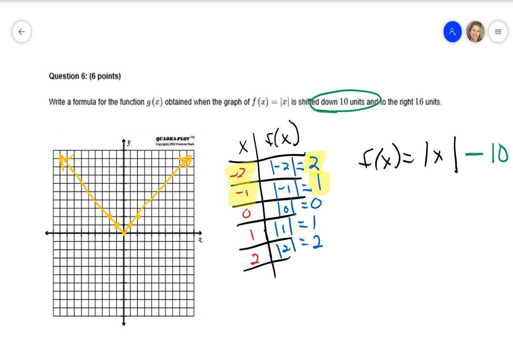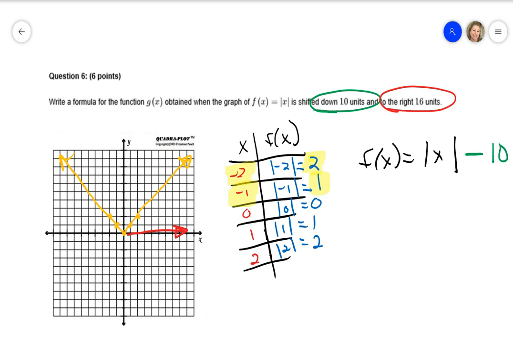Where it gets a little weird is when you shift it from right to left. If you want to shift it to the right, in my mind I'm thinking, okay, I got to go to the right. Well, that's in the positive direction. No, it doesn't work that way. When you're going right and left, it's actually the opposite of what you're doing.